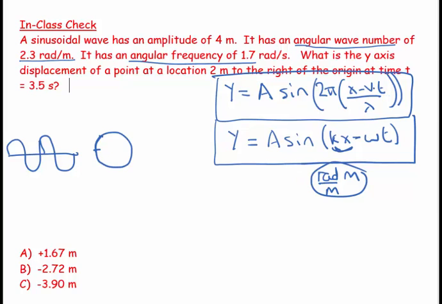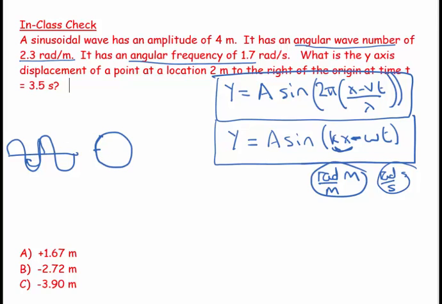And then over here, I took the time expression into account by saying, what's going to happen at this point in the future, I can see by going to the left to an extent dependent upon the time. If omega is in radians per second, which it is, and t is in seconds, then I have a modification of the number of radians. So you're basically doing the same thing.